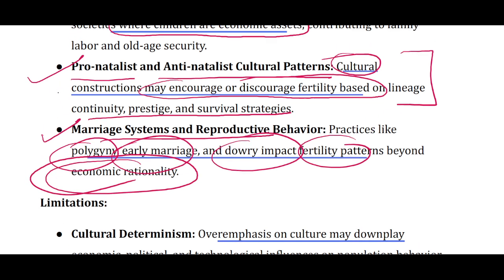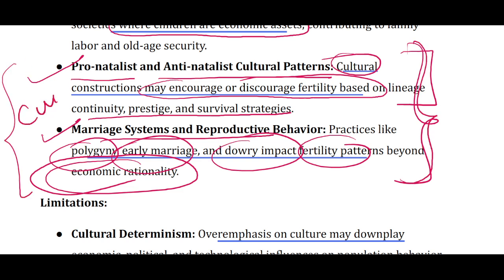So all in all, ये जो लास्ट के दो principles हैं, they say that the cultural angle should not be overlooked, because it might have a different impact on fertility that might not have been explained by biological and social pattern.